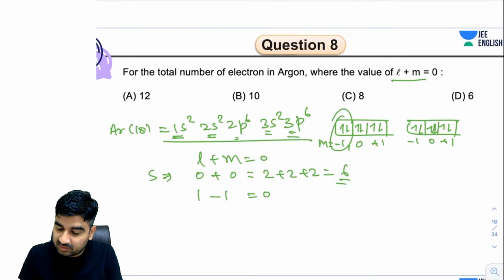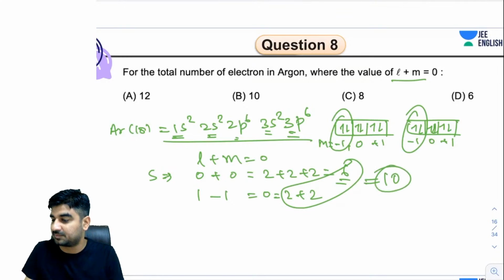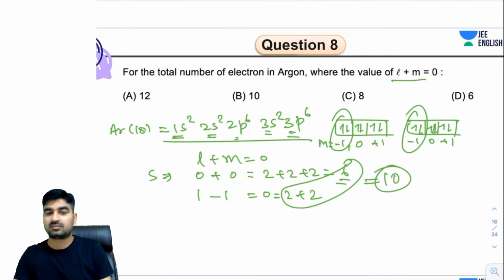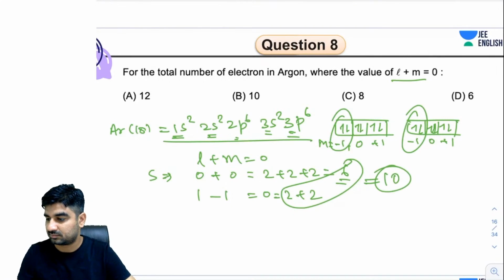So these two have minus 1 and these two have minus 1. So in P, I will again get 0, 2 plus 2. So total electrons will be 10. Yes?